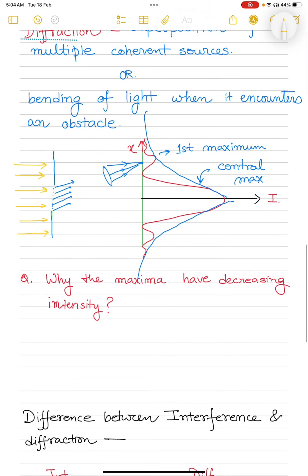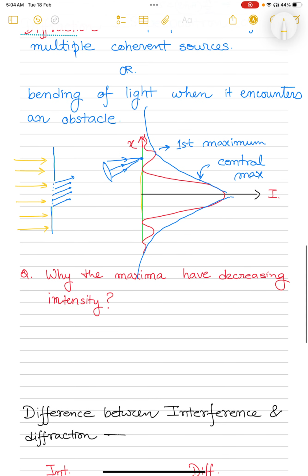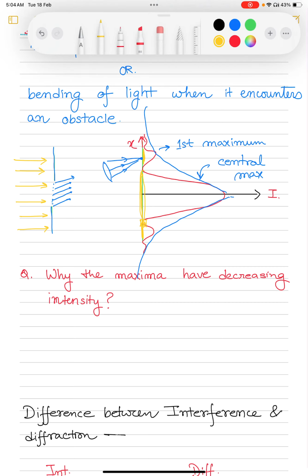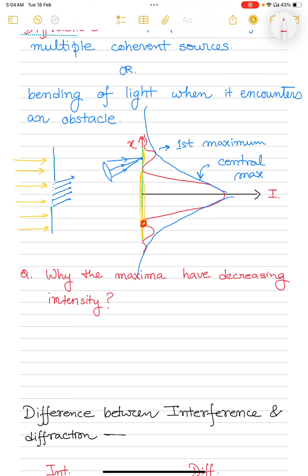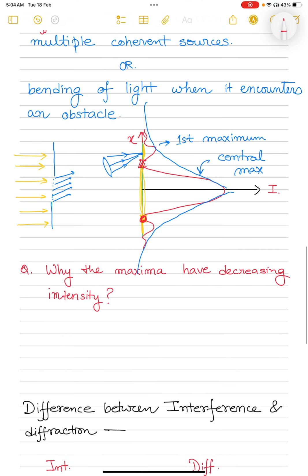For diffraction, the central maxima has the maximum fringe width compared to the other maxima, and of course compared to the minima. Hopefully this is also important, the difference between interference and diffraction.